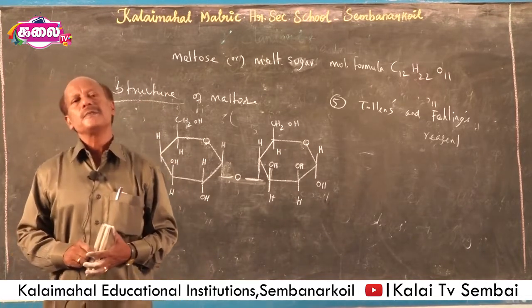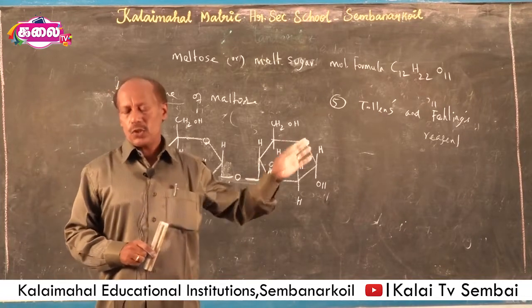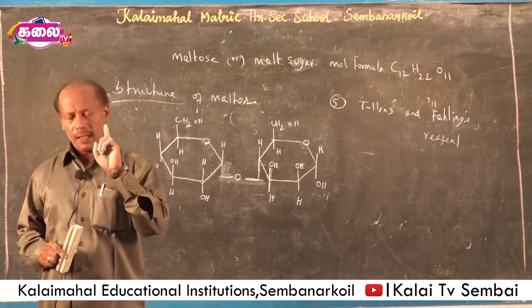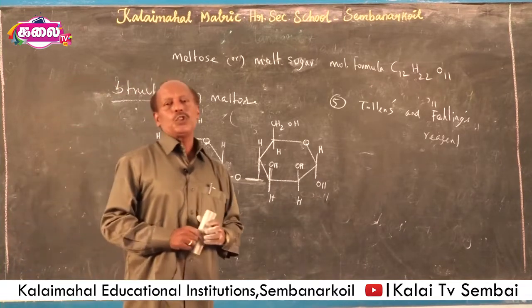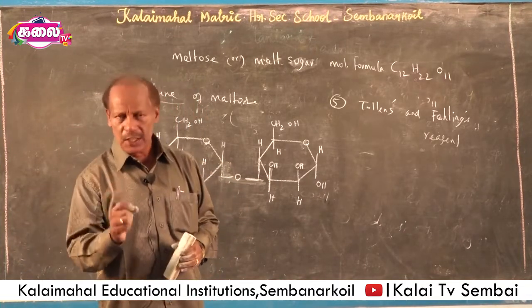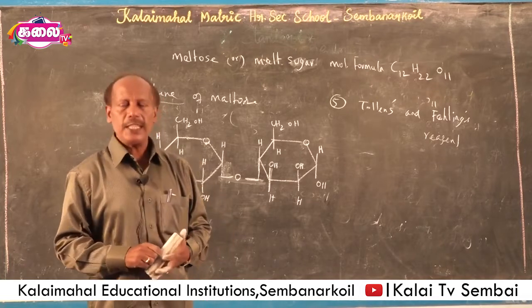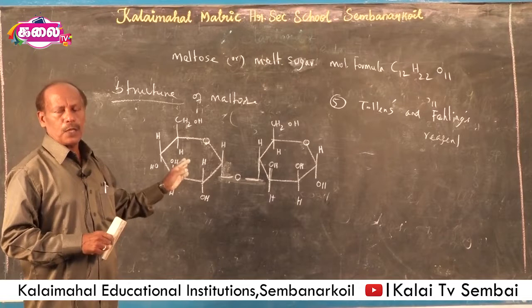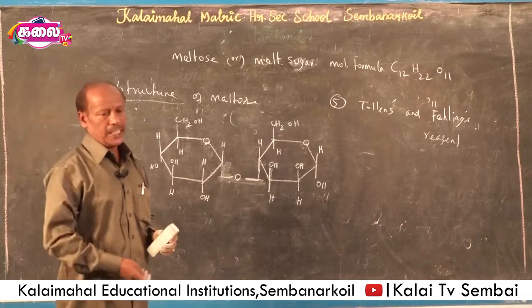That is, this reaction shows that maltose contains a carbonyl group which should be an aldehydic function, present in one of the glucose ring structures in free state.